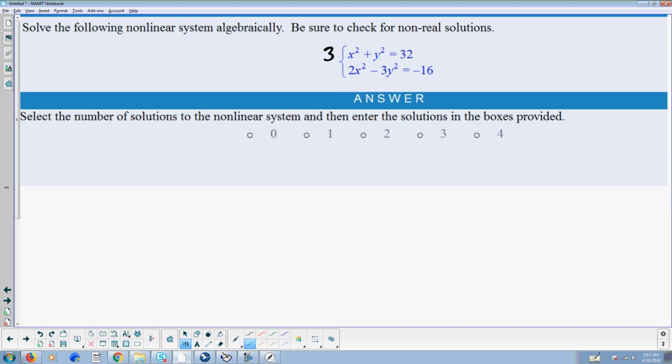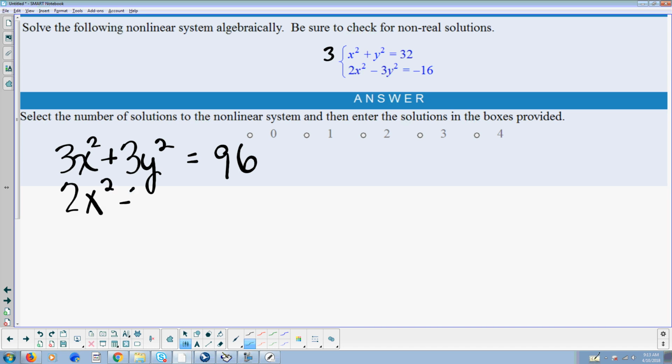So I'm rewriting the top equation. 3x squared plus 3y squared equals 3 times 32, which is 96. Second equation, I haven't changed. Bring it down. 2x squared minus 3y squared equals negative 16.